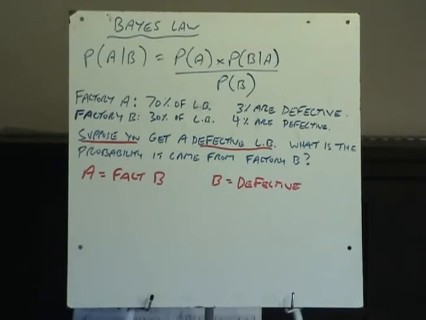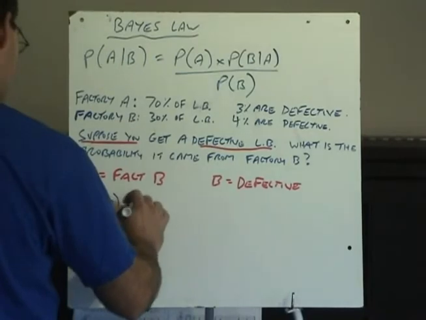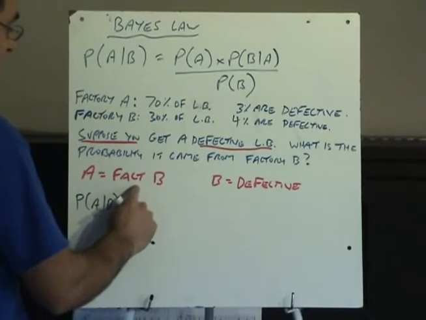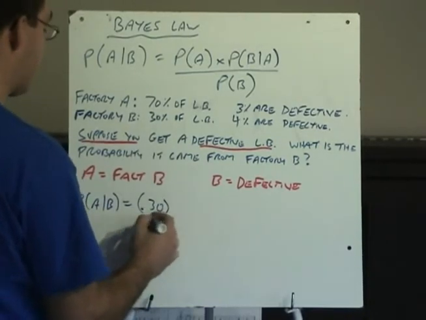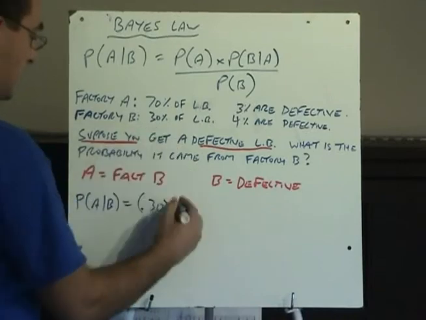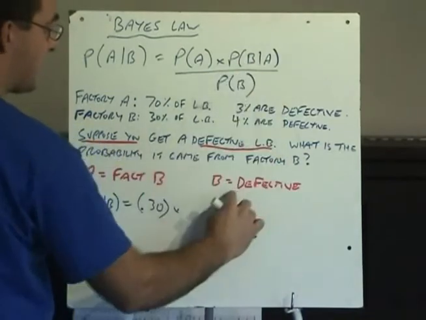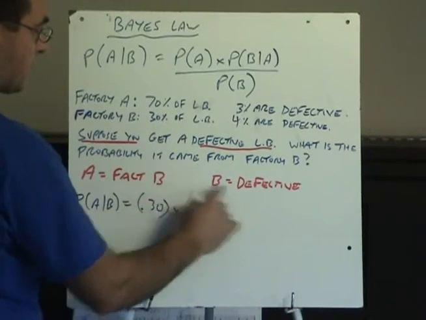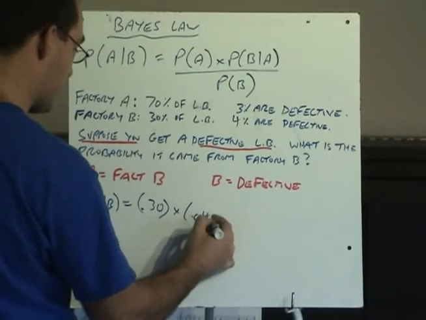Well, now it's simply a matter of applying the formula. First part is to figure out what is the probability that the light bulb comes from factory B. 30%. So the probability of event A is 30%. Now, what's the probability that it is defective, given that it came from factory B? 4%. So times 0.04.